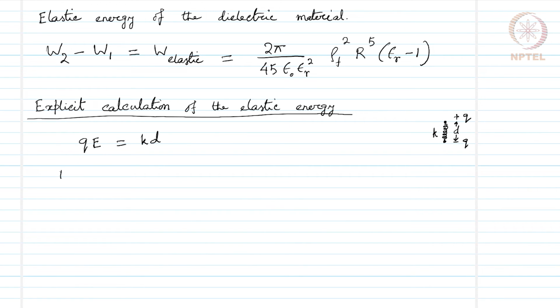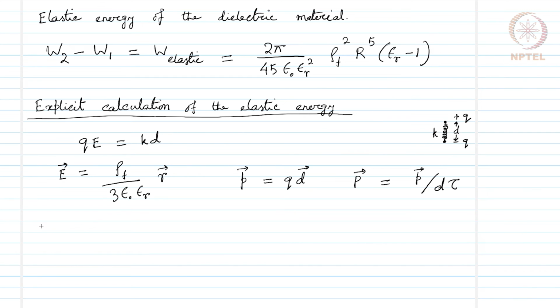Then the electric field vector can be represented as rho f over 3 epsilon naught epsilon r, r vector, and the dipole moment for this kind of a tiny dipole is given by q times the d vector, this separation vector, and the polarization P can be given as this dipole moment vector over the tiny volume d tau that we have under consideration.